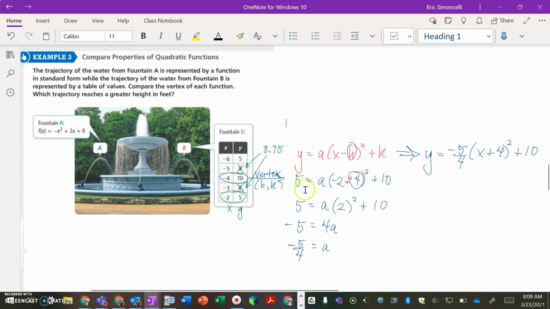You don't know a, but you do know, let's pick -2, 5 for x and y, so we're picking this point. And then we can solve for a, like I said, with one more substitution process, in which we can plug in 10 for k. If you do the math here, this ends up being 2, of course, so 2 squared, which is 4. I subtracted 10, 5 minus 10 to get negative 5, divide by 4 to get negative 5/4.